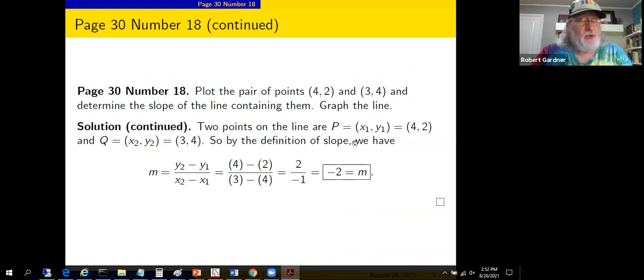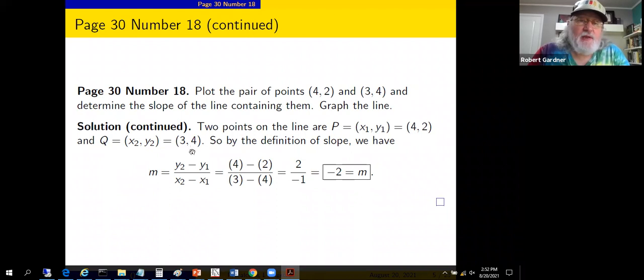We might speed this up a little bit later, but for now, let P be the point x1, y1, the point 4, 2, and let Q be the point x sub 2, y sub 2, 3, 4. Plug them into the formula. Here's the formula. We'll have a y2 and x2 in corresponding positions.